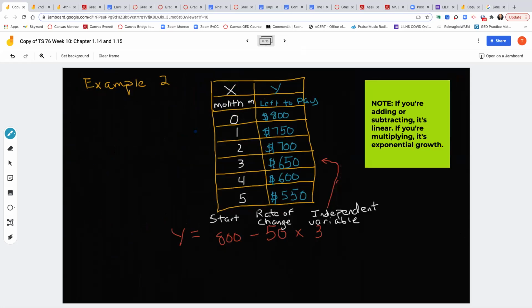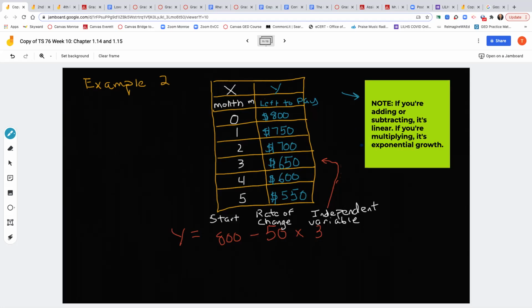Probably the most important thing to copy is over here to the right, my little post-it note. If you're adding or subtracting, it's a linear growth pattern. If it's the same number that we're adding each time, it's linear, okay? If you're multiplying, it's exponential, just like when you were multiplying, it was geometric, okay?